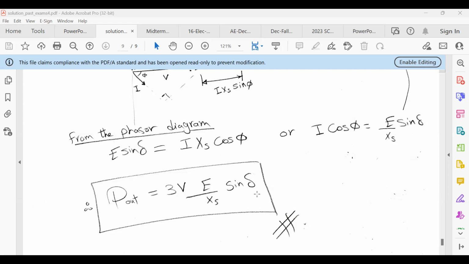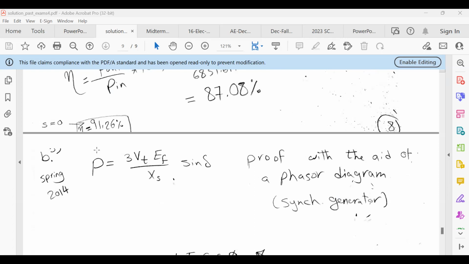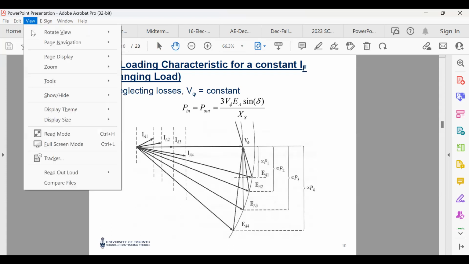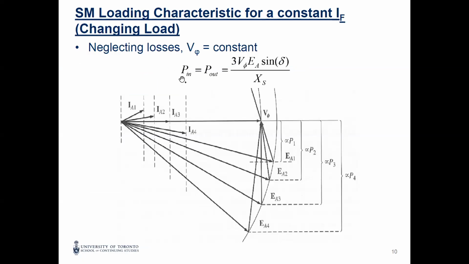This is what is needed for the proof, and this is what we have in the synchronous machine as the output. One important assumption is we ignored the losses, the R_A, at least the copper losses for the armature.